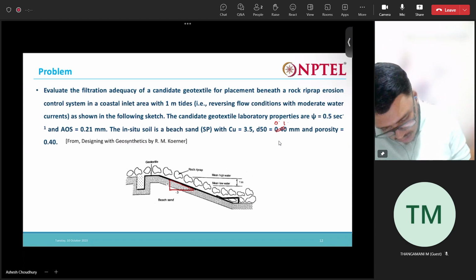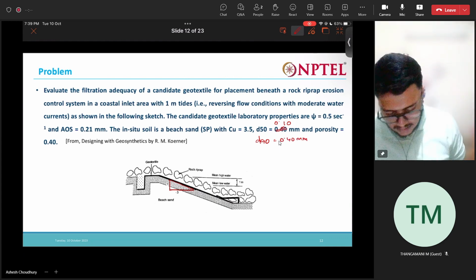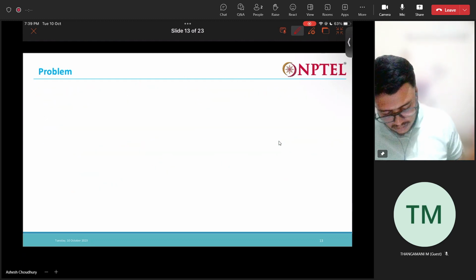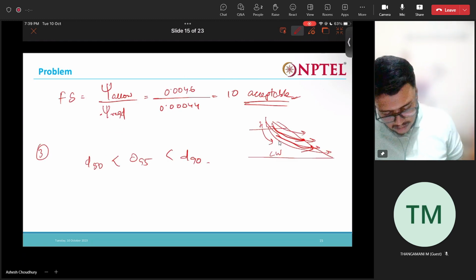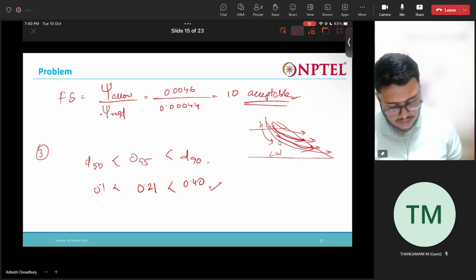And one more, D90 is given as 0.0. Sorry, D90 is given at 0.0. Okay, and the apparent opening size is given as 0.21. So 0.21 should be less than 0.40, and it is less, right?